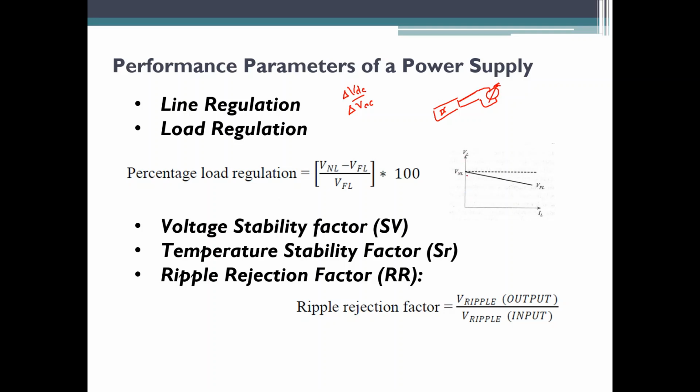The dotted one is ideal. Normally I expect the output voltage of the DC source not to vary from no load to full load, but practically, when you vary the load from no load to full load, obviously your output voltage will vary. This variation in the output voltage will vary the load current, and this in turn might vary the temperature also.